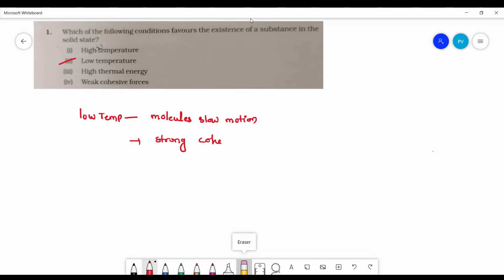These two factors hold the constituents together. So the answer is that this leads to the solid state. So the answer is option 2.